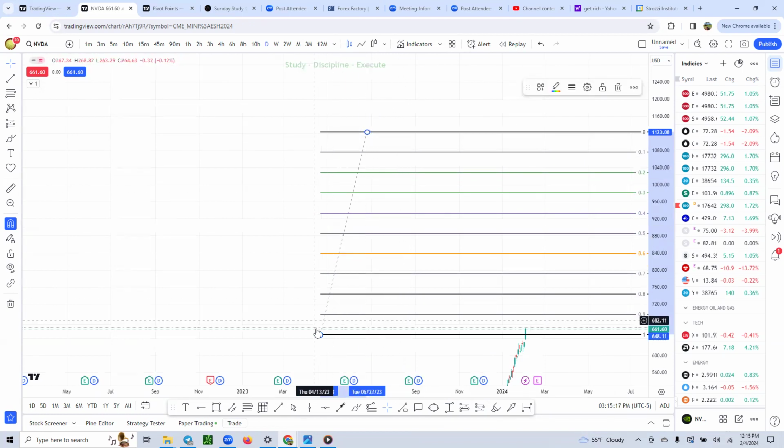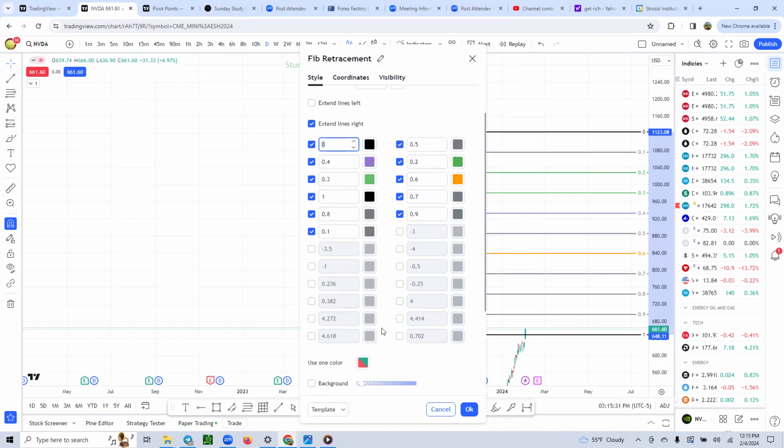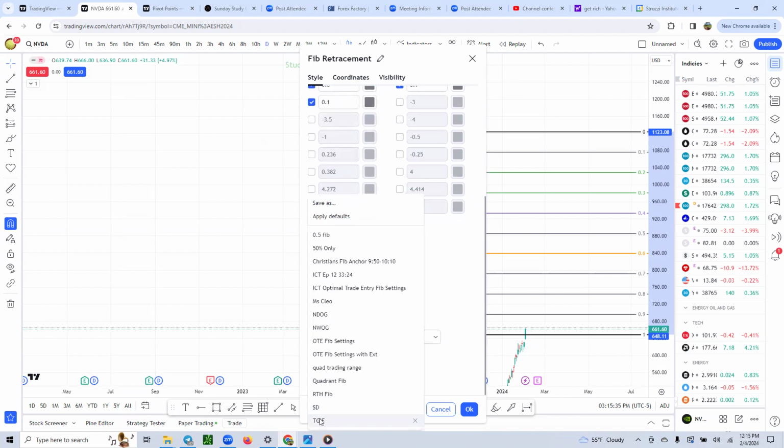So what I would do is use this to measure the weekly range. If it's TGIF and price is going to retrace down, I've got my 20%, 30%, 40%, so you can use something like that. And those are the settings for that. I haven't used that in a while.